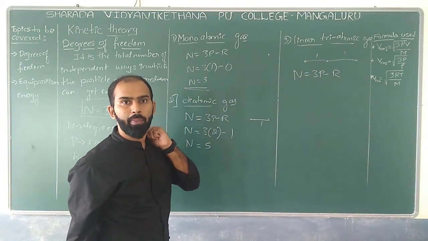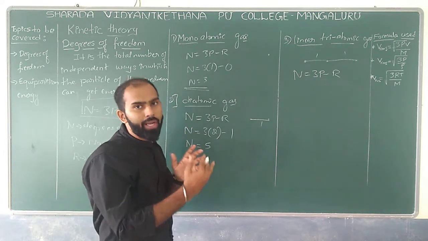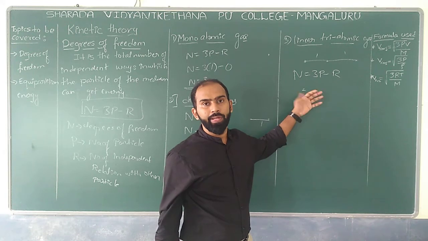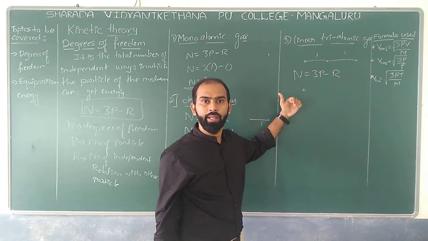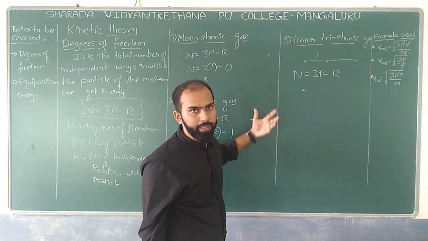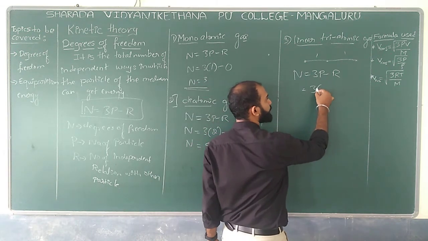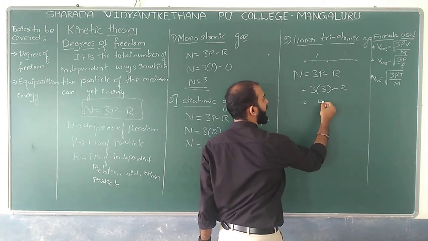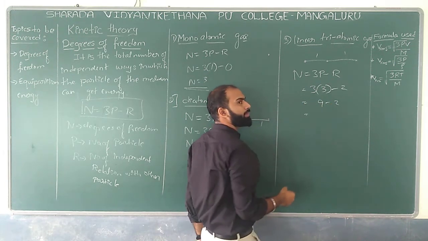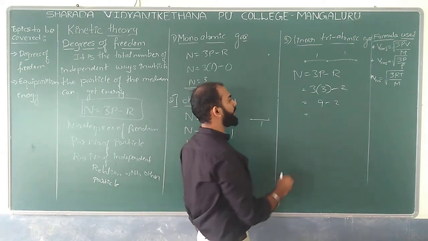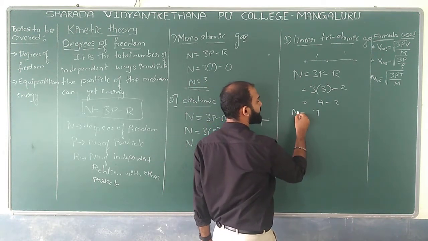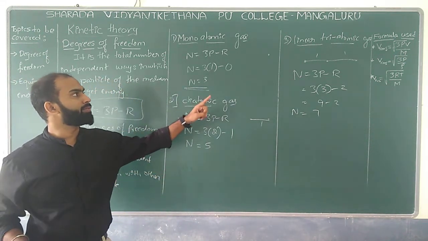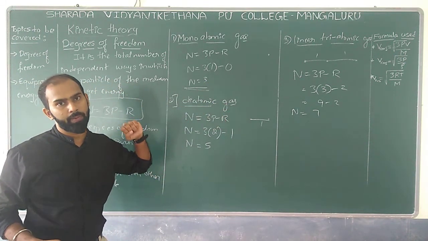So altogether we have 2 relations. So the number of independent ways in which your particle can gain energy is 3 times 3 is 9, minus 2, that is nothing but 7. So here we can expect 7 as the number of independent ways, meaning the degrees of freedom for a linear triatomic gas is 7.